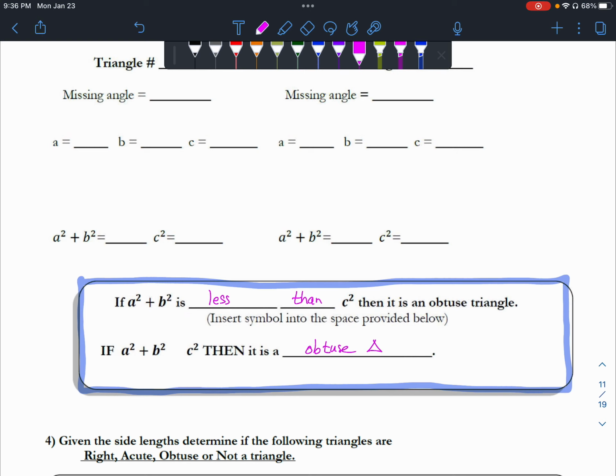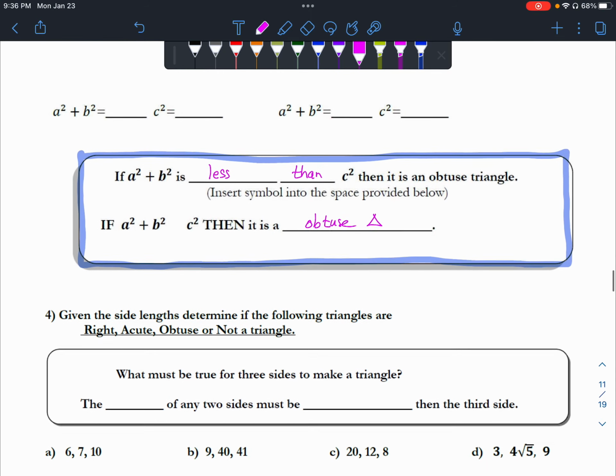This is why we call it the converse. If we don't know a triangle is a right triangle, we can use the quote-unquote Pythagorean theorem to either prove it is a right triangle or compare the a squared plus b squared values to the c squared value to determine whether it is an acute or an obtuse triangle.